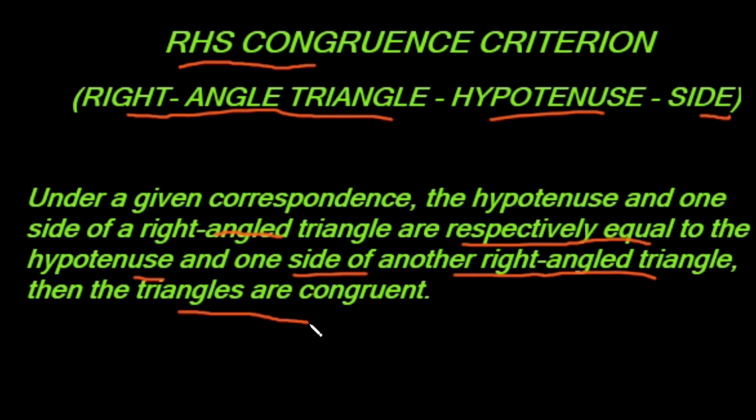I'll repeat. Under a given correspondence, the hypotenuse and one side of a right angle triangle are respectively equal to the hypotenuse and one side of another right angle triangle. Then the triangles are said to be congruent.